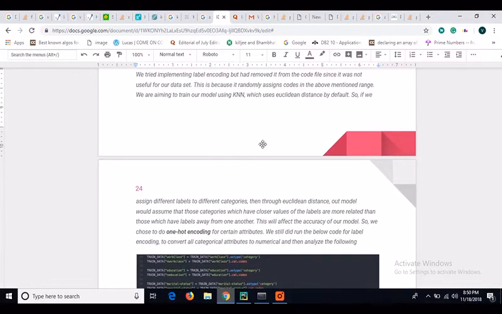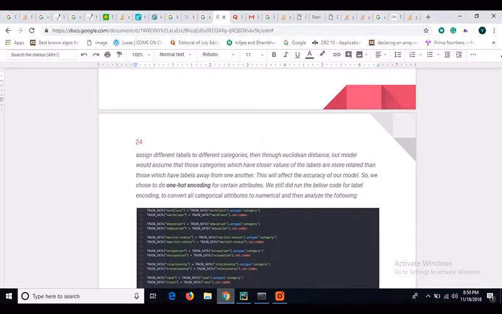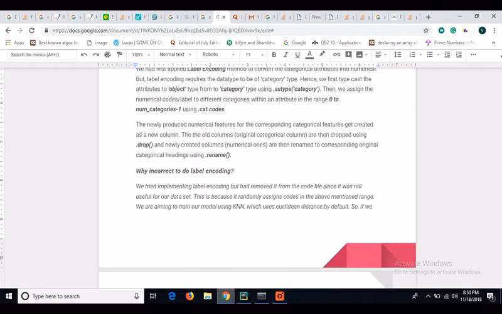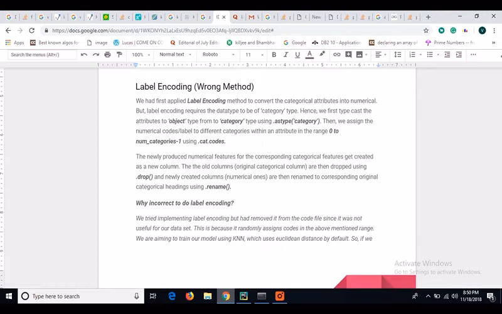KNN by default uses Euclidean distance as a measure to find the distance between data points, and if we use label encoding, then even for nominal attributes, where no order exists, we are assigning different weights, that is different labels, 0, 1, 2 up to say 10. So it considers 10 to be of very high magnitude compared to 0. It means we are assigning more importance to a label tagged as 10 and low importance to the label tagged as 0.